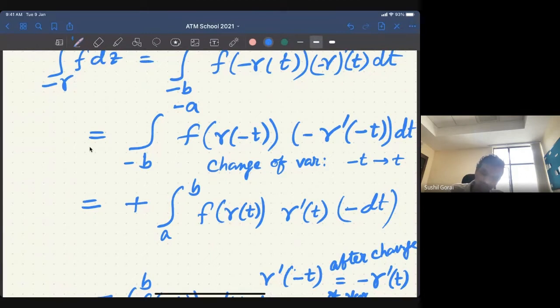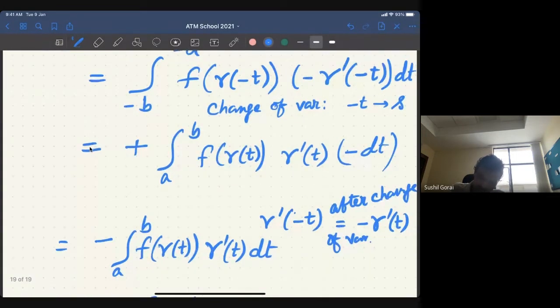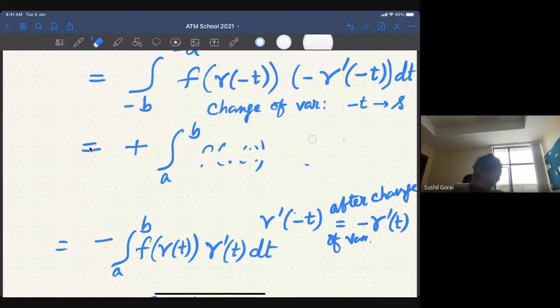Maybe instead of t, let's call it s. So you are looking at s equal to minus t, and then you make this change. So let me erase this part and see what happens.